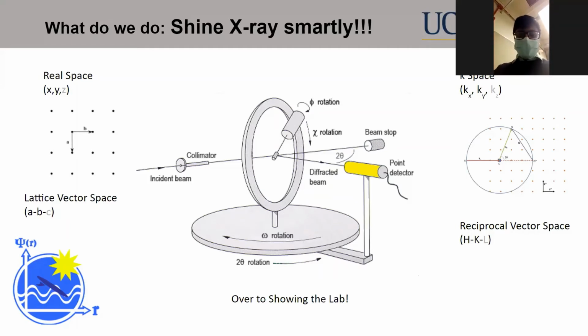We want to check that after a distance away, there are all the atoms we wanted to create in the horizontal direction along the B direction, B distance away, and in the vertical direction, all a distance away. That's what we want to verify, and that's what we verify using this four-circle diffractometer.